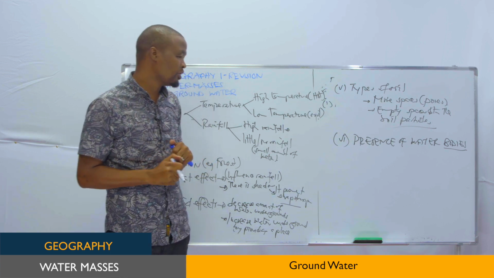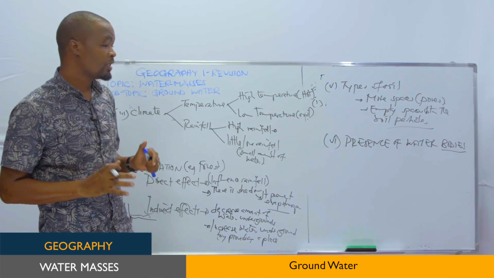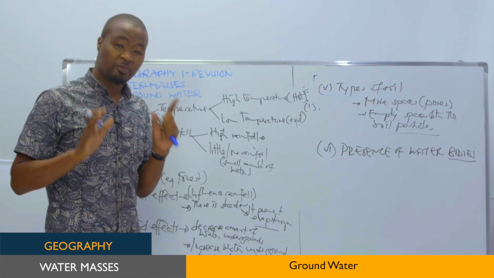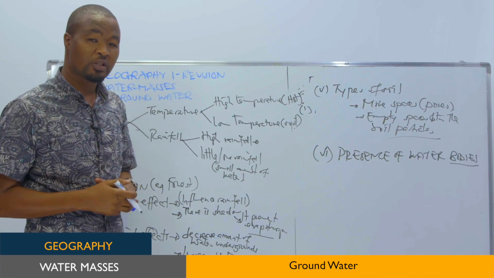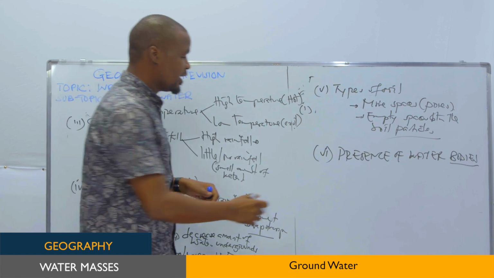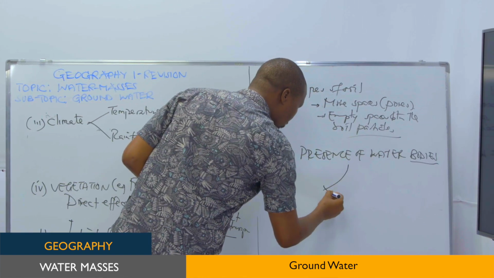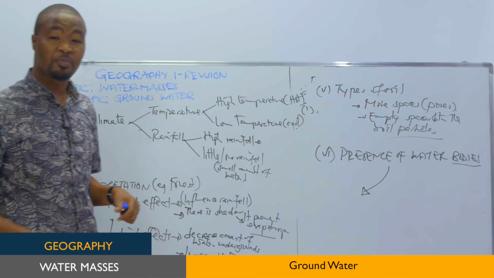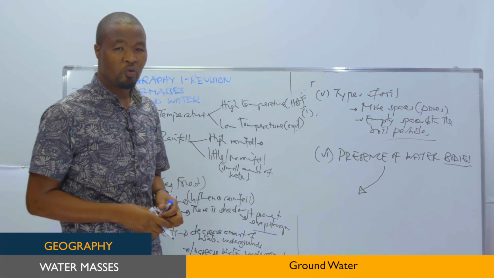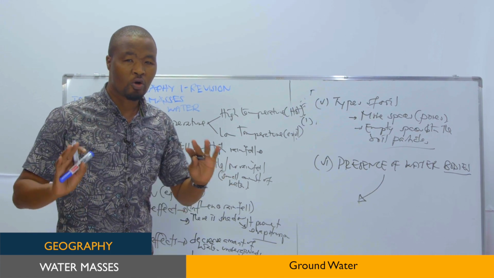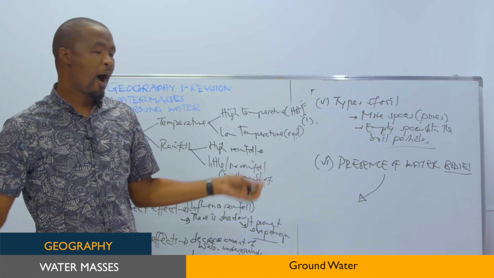Most areas located nearby water bodies have a high rate of infiltration and percolation, which leads to a high amount of water underground. But areas located far away from water bodies have a low rate of infiltration and percolation, which leads to a low amount of water underground.